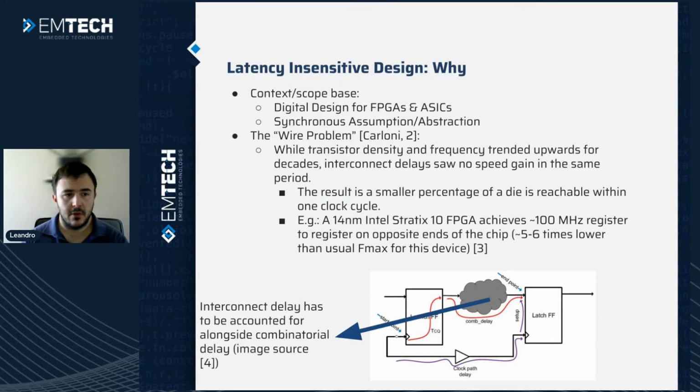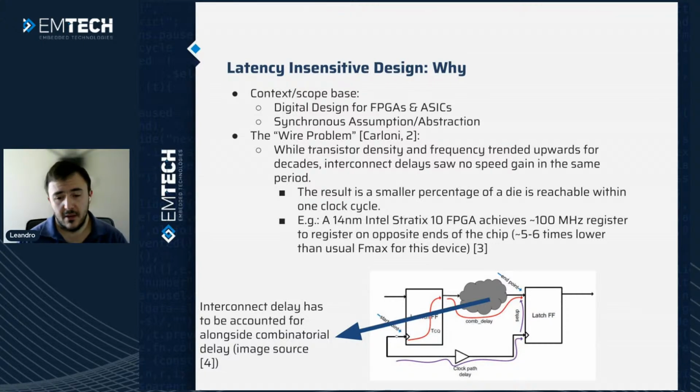To give an actual example, it's estimated that a relatively modern device, such as the Intel Stratix 10, achieves something like 100 megahertz register-to-register frequency when you have something floor planned from each end of the chip, which is probably 5 or 6 or even 7 times slower than the usual max frequency you can achieve with this kind of device.